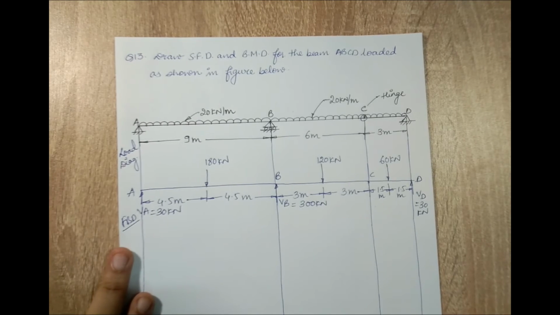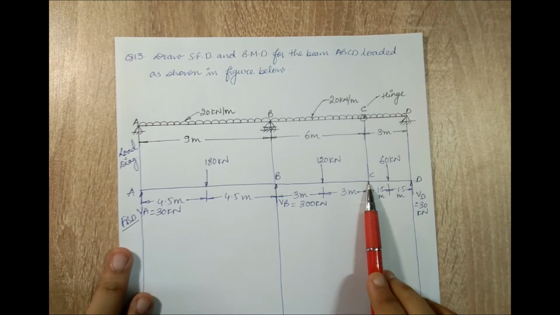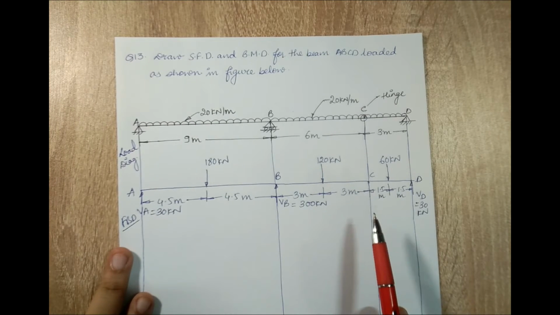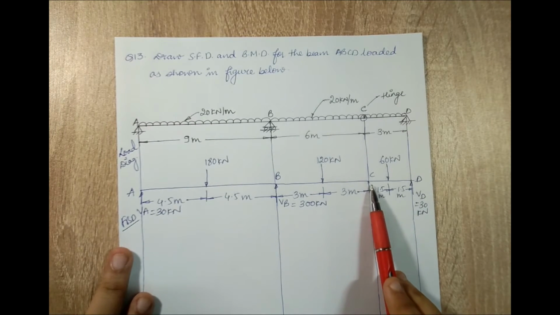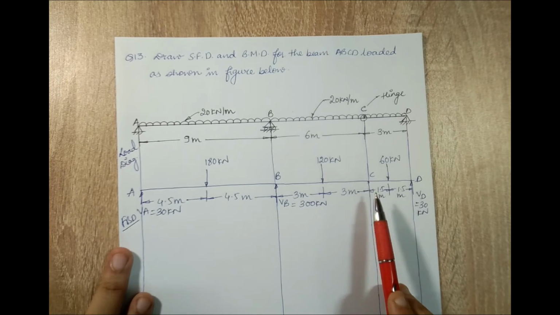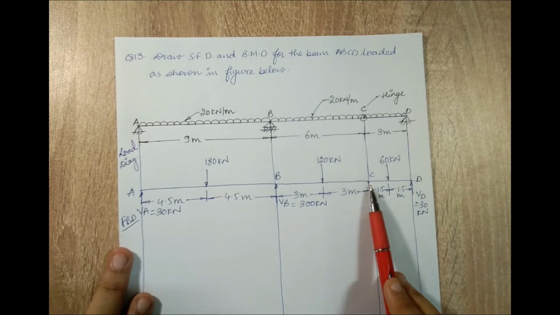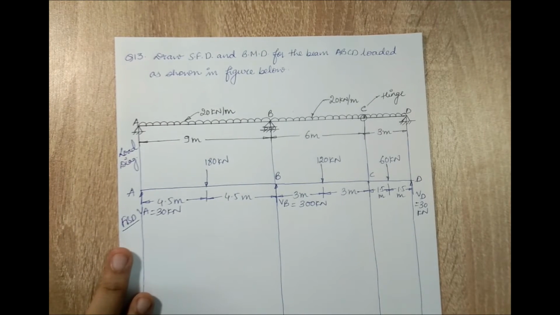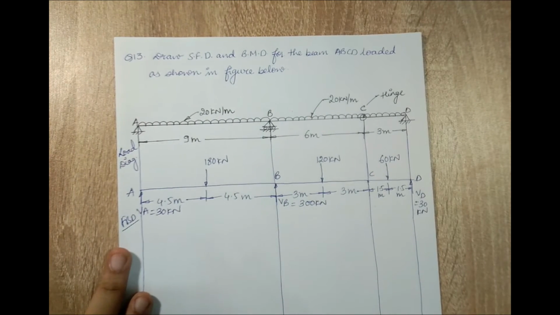The first rule is, when you have a hinge point for SFD, there are no shear force values to be calculated at that point, and the bending moment for that point becomes 0. So these are the two rules which you need to remember while solving for a beam which has an internal hinge, apart from the way I have shown you how to calculate the reactions on the beam.